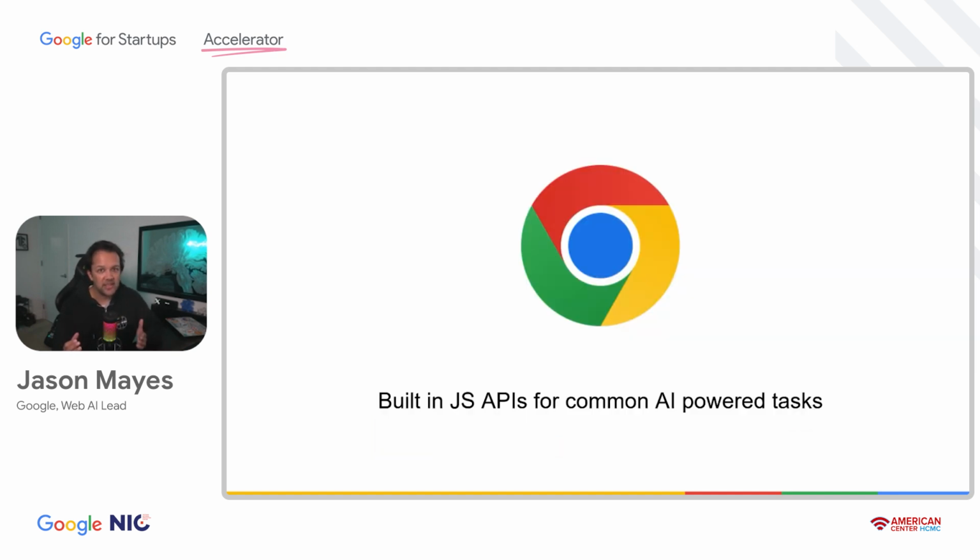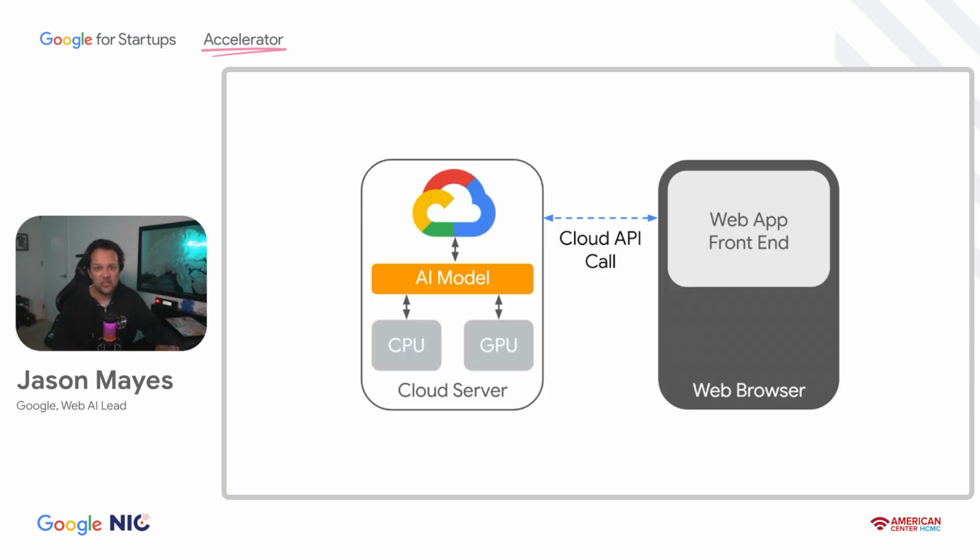And in some cases, the model can even be built into the browser itself and exposed to JavaScript developers via emerging APIs for common tasks like prompting, summarization, and translation.